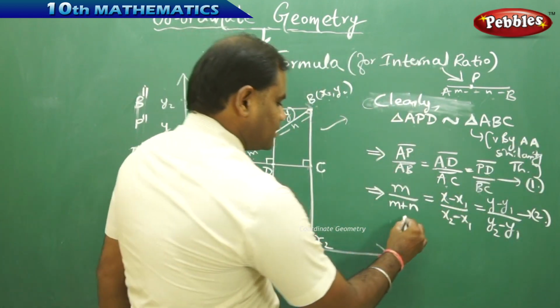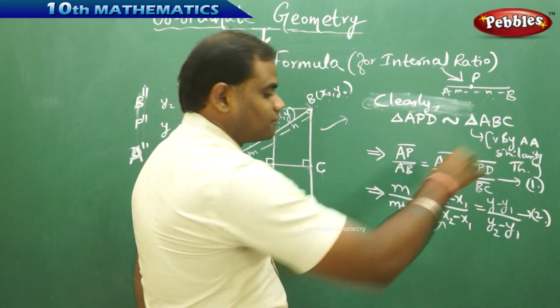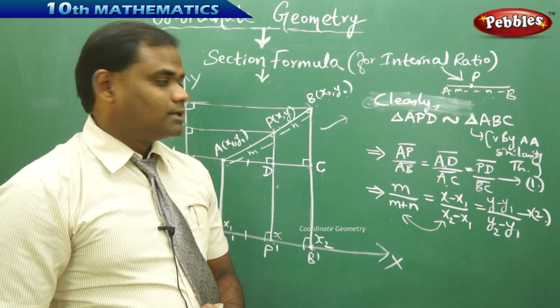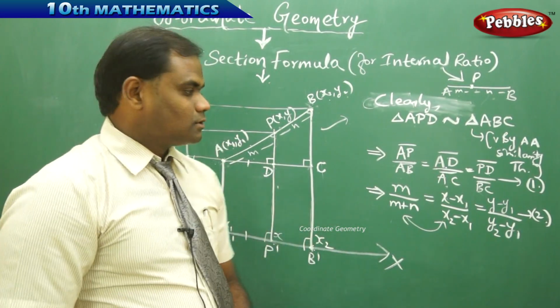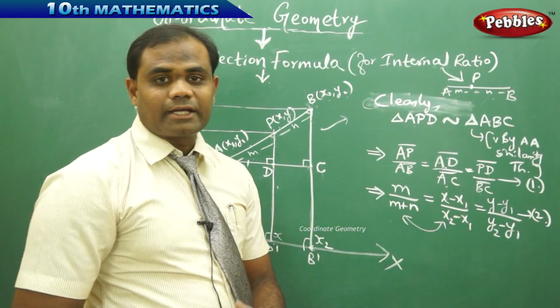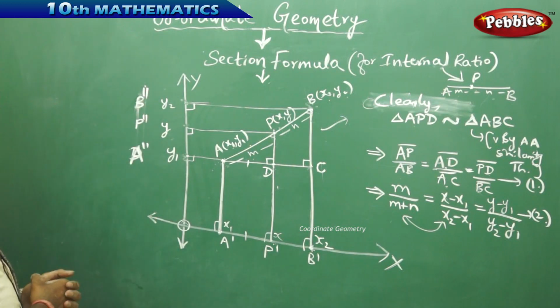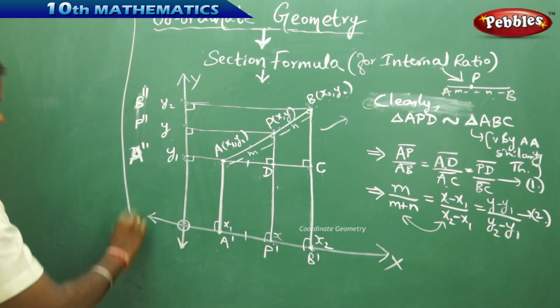Now that I have all three equations, let me take this as equation 2, from which I take the first pair and then the first and third pair and simplify separately. Let's take the first and the second ratios together to see what I would get in simplification.